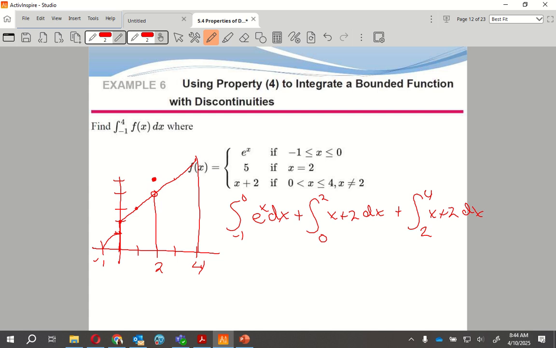So 5 doesn't exist then. Oh wait. What happens there? What's this thing called? Not an asymptote. Very good. Discontinuity. It is a discontinuity there. So there's a discontinuity, and let's call these areas A1, A2, and A3.